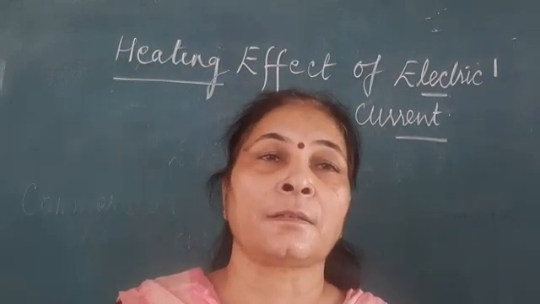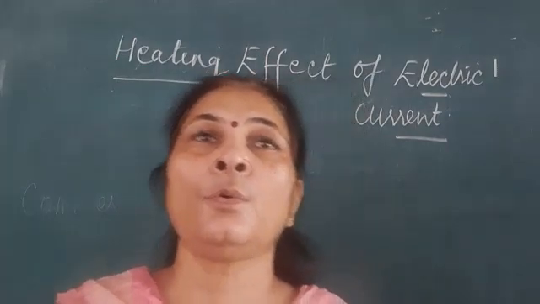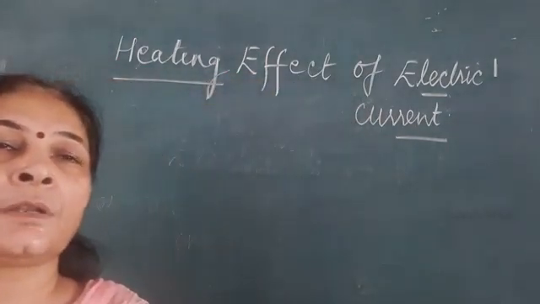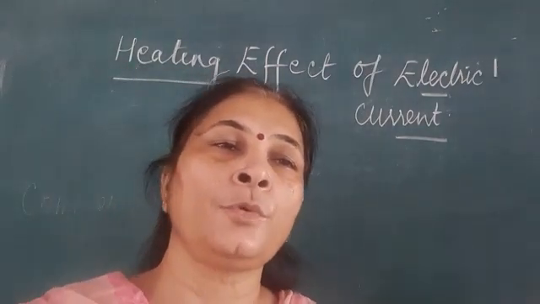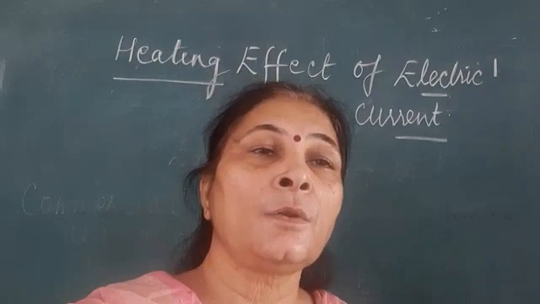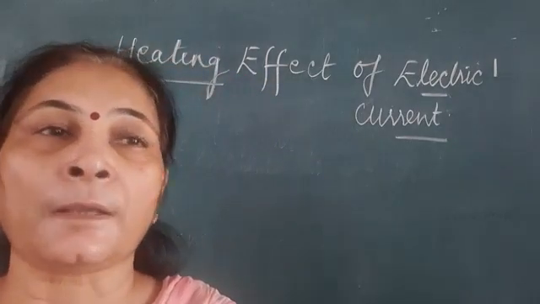This effect, heating effect, from where does it come? See, we know energy conservation law, that energy can be converted from one form to another but cannot be destroyed. Now, from where is this heat energy coming?